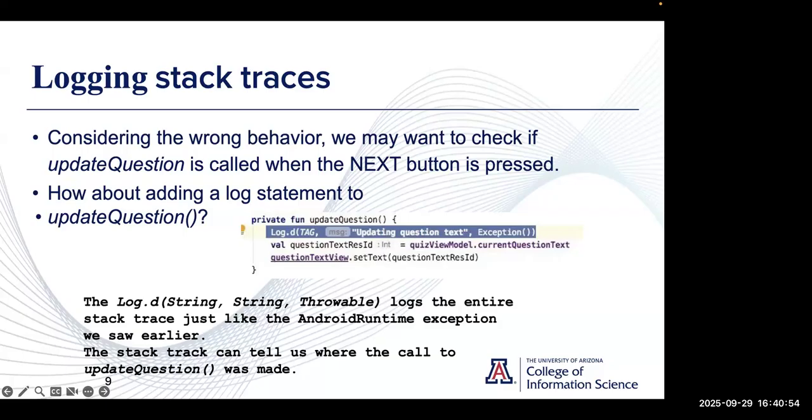So the Log.d logs the entire stack trace, just like the Android runtime exception that we saw earlier. And the stack trace can tell us where the call to update question was made. So in this case, unlike the other one where the logcat automatically does it for us, this is the one where we do it manually.